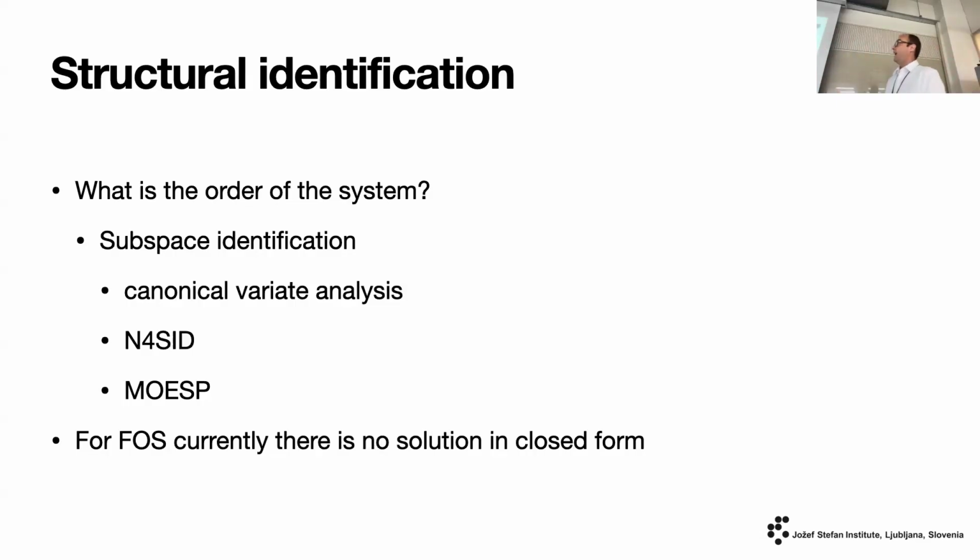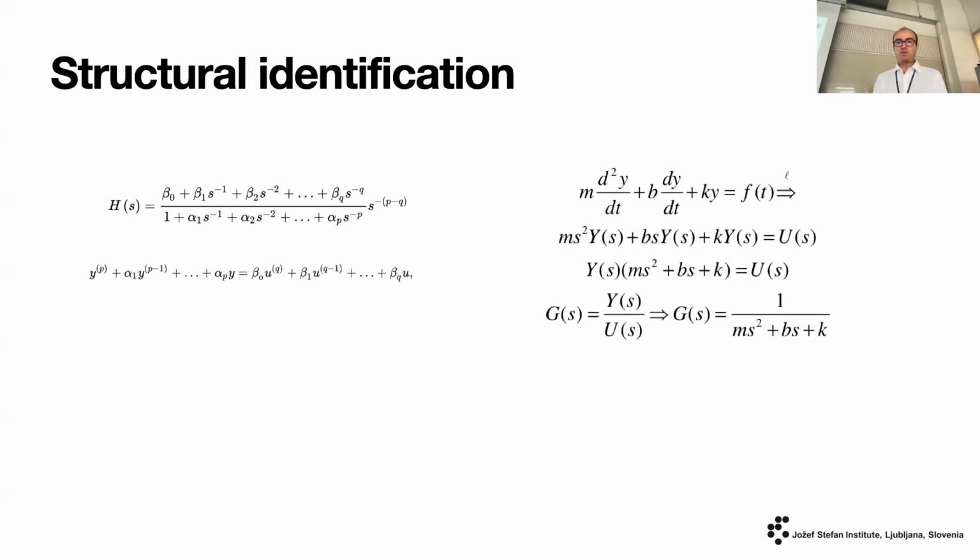And luckily for us, for those kinds of systems, there is a state-of-the-art identification algorithm. It's called subspace identification, or one variation of it, called N4SID. The problem is that for fractional order systems, we do not have such a tool. This might seem a little bit strange. So let's discuss in more detail what it means.